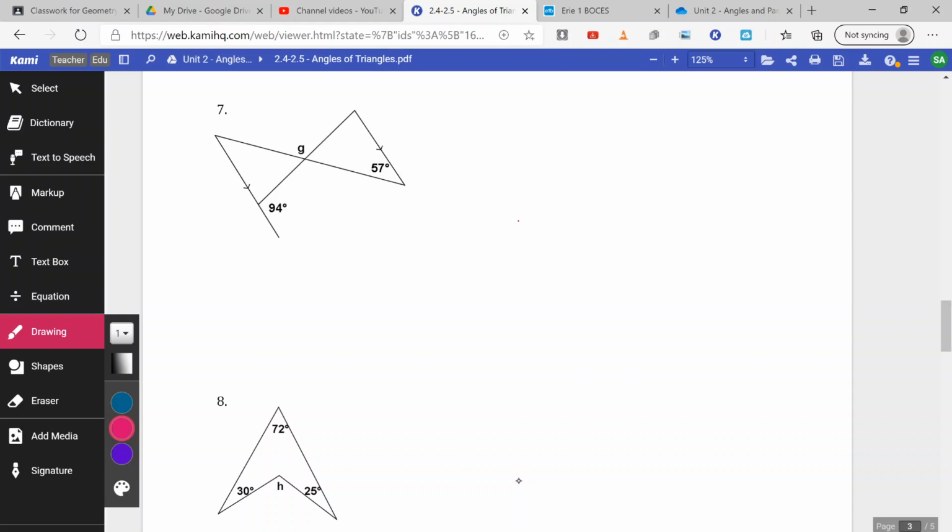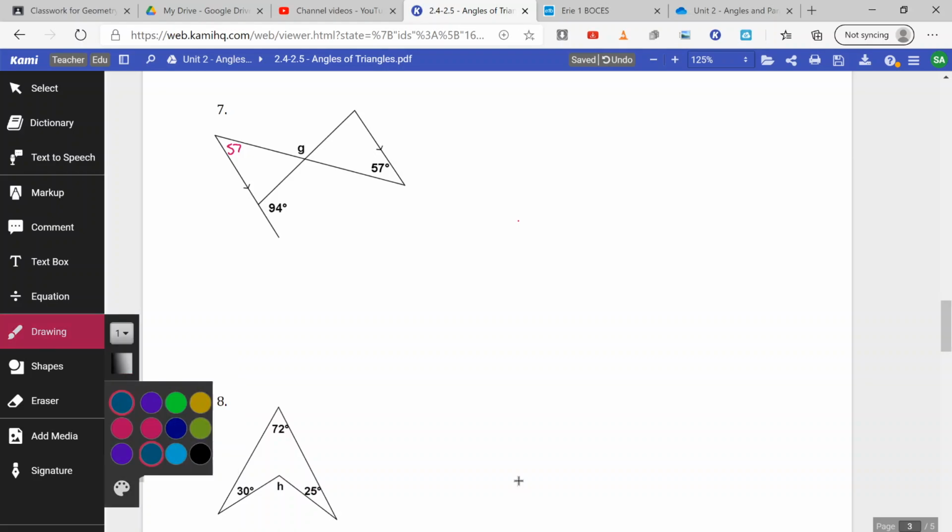So now in order to figure out what they are, again, G being on the outside, we know that this angle up here is going to be, so parallel lines cut by a transversal, this angle is going to be 57. And now all I have to do is figure out what these angles are as well.